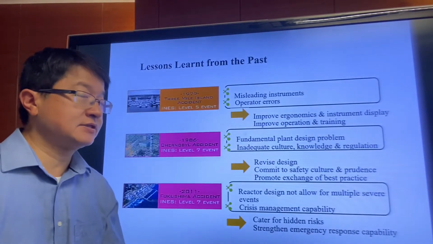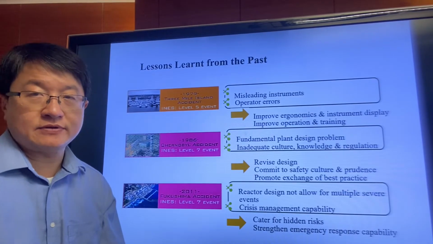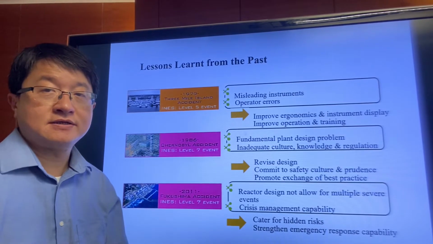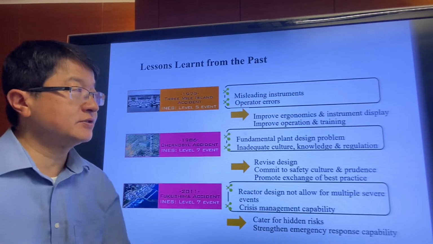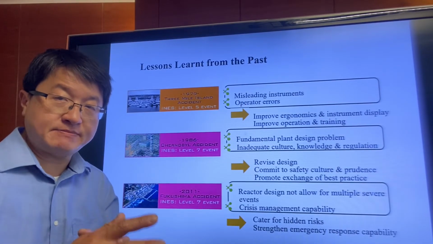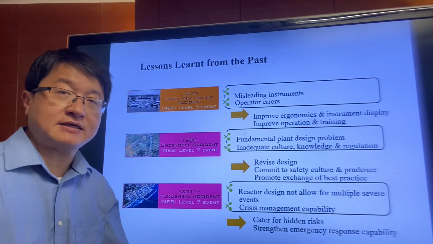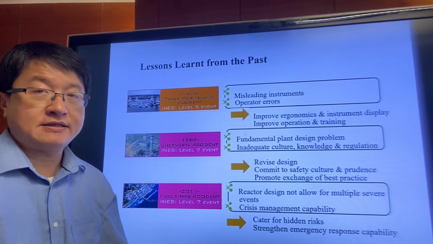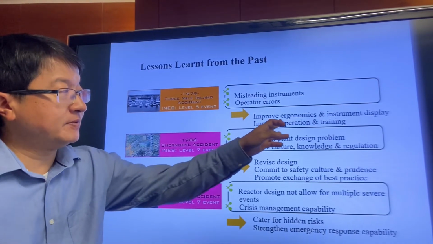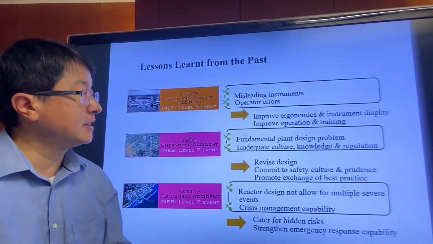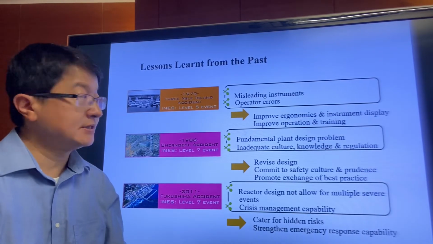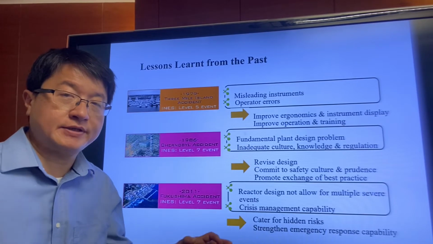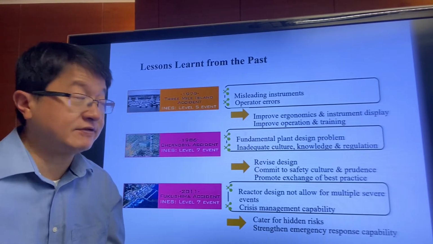And engineers learn lessons from all these accidents. For Three Mile Island, it was due to misoperation because the man-machine interface design was not clear and misled the operators. After that, there were improvements in ergonomics and instrument displays to help engineers and operators operate the system in a more effective and safe way.